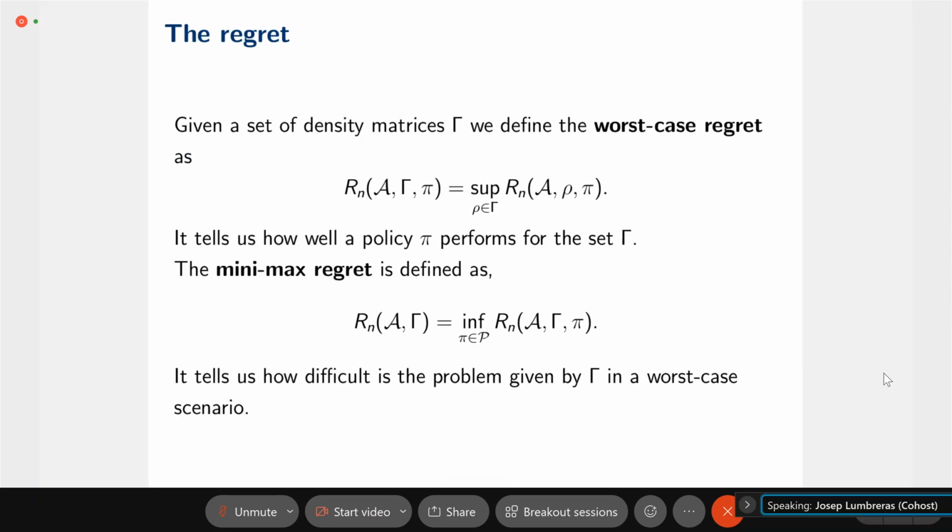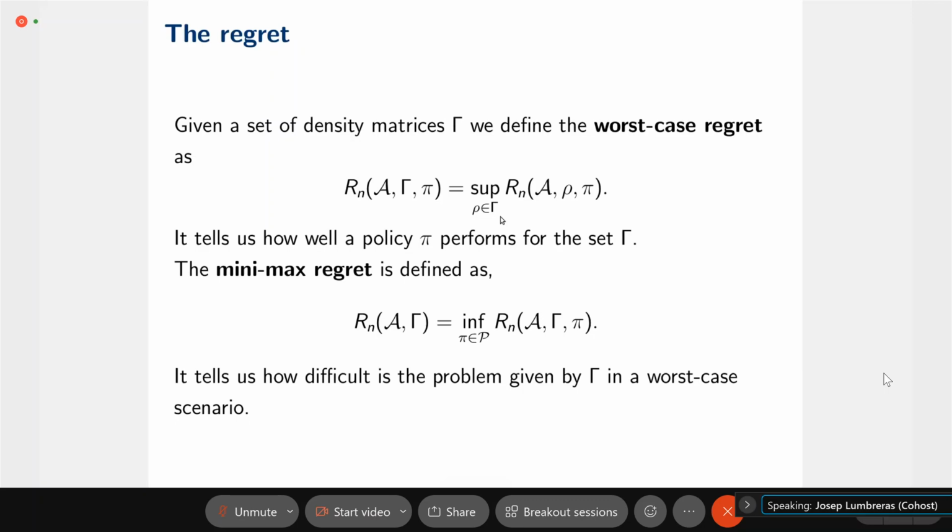The regret that I explained before is just for a particular state, but we're interested in the following regrets. One is the worst case regret, which, given a set of density matrices, that is the environment, is the supremum over all possible regrets, where the supremum is taken over the unknown quantum states in the given set.